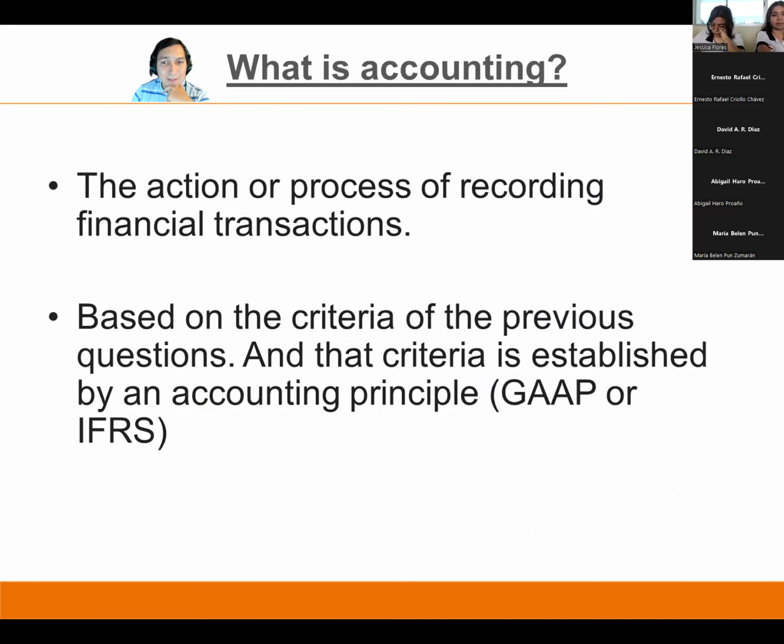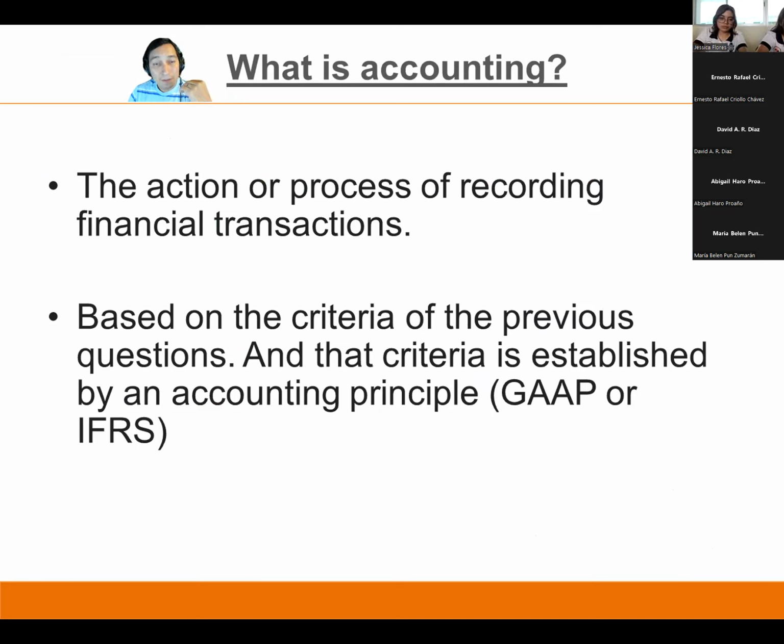We will see what accounting is: the process of recording financial transactions. This is what you will learn. First of all, we can't run if you don't learn the basics. Based on the criteria of previous questions, the accountancy records must follow guidelines.